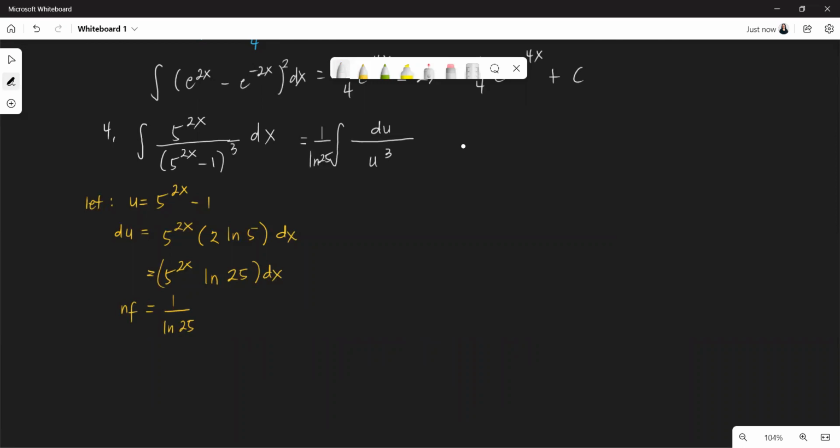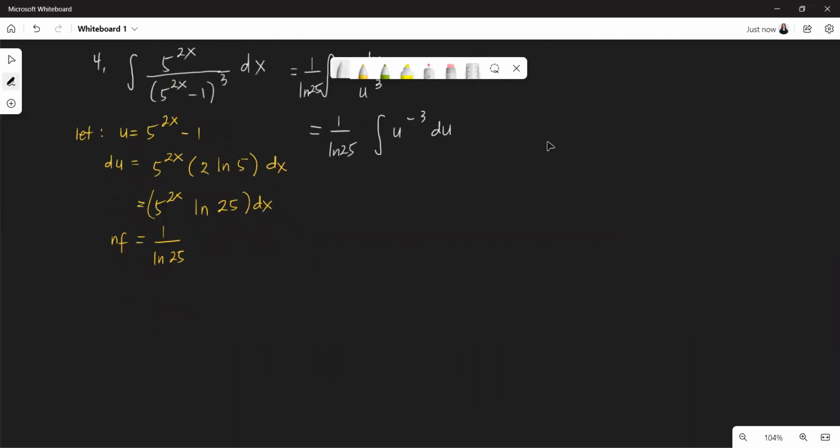So using the power formula, we can write this as u raised to the negative 3 du. Using I1, the power formula, we have the integral of u raised to the negative 3. That's u raised to the power of negative 2, because we add 1 here: negative 3 plus 1 is negative 2.